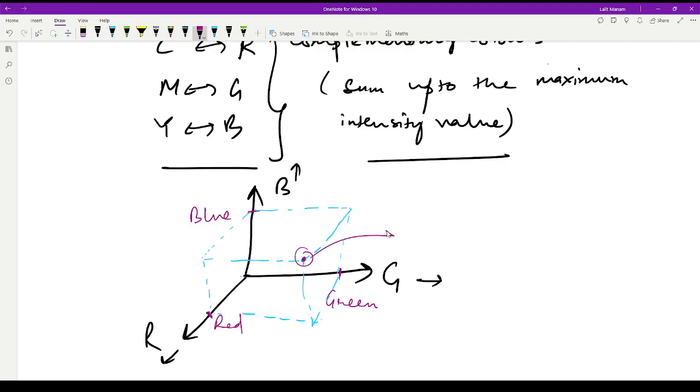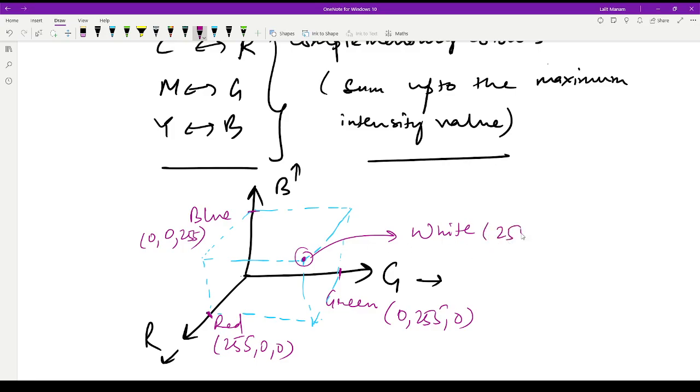White, because all three intensities are maximum: red, green, and blue. You can think of this as 255 comma 0 comma 0, this as 0 comma 255 comma 0, and this as 0 comma 0 comma 255. It's just some corner of the cube. Now where is CMY lying here?